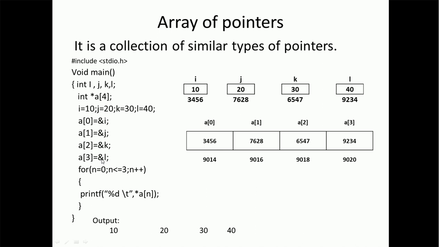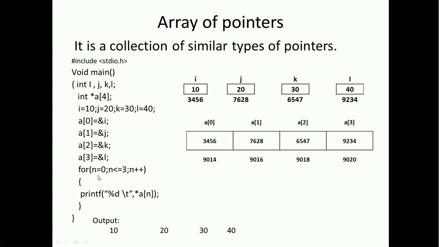Because these variables are all of type integer, we can store their addresses inside the array a, because array a is an array of integer type of pointers.